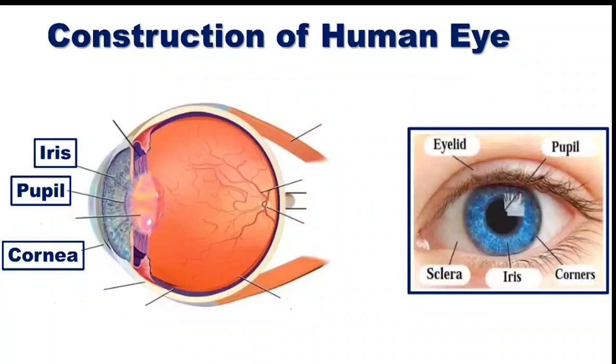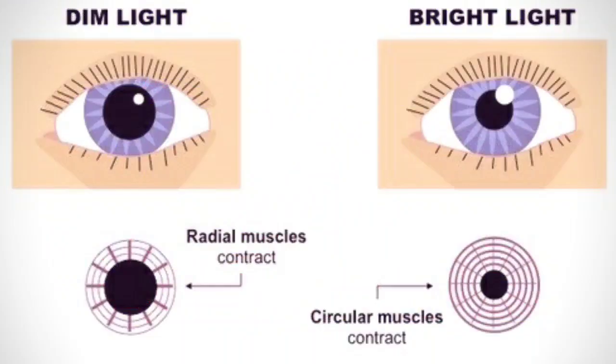For example, when light suddenly falls on our eyes, our eyes get narrow, and at that time the pupil of our eye contracts. And when we look in dim light, our eyes get bigger, and that means our pupil widens. Got it? This point?